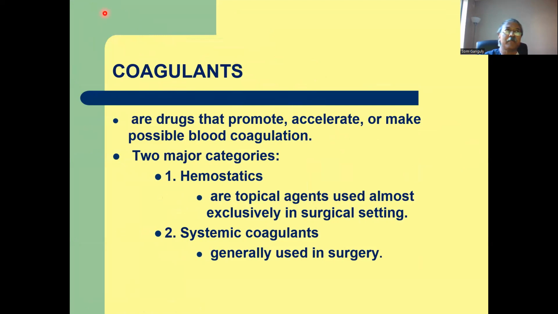It's a drug that a surgeon can give to a patient to help them form blood coagulation. When do they need it? When an external method is used that causes bleeding, like surgery. When the surgeon is incising, they are causing bleeding, and that is when they need a coagulant in the form of a hemostatic agent.